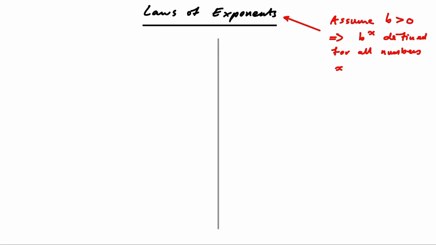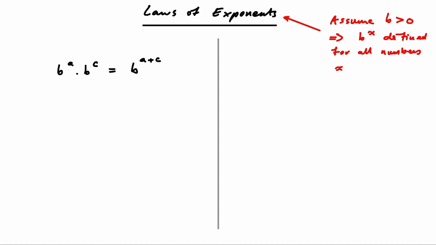So the first was the property about multiplying exponents. Given the way we've defined things, it's no surprise that the following is true. b to the power a times b to the c is always equal to b to the a plus c. So multiplying adds the exponents.